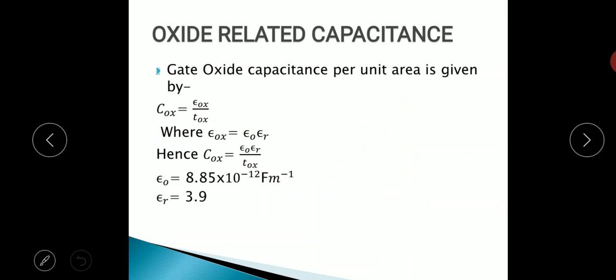Cox means gate oxide capacitance equal to epsilon ox by Tox, where epsilon ox is the permittivity of the oxide, Tox equal to thickness of the oxide. Epsilon ox equal to epsilon naught into epsilon r, where epsilon naught is the permittivity of free space, epsilon r is the permittivity of the gate dielectric, and these all are constant.